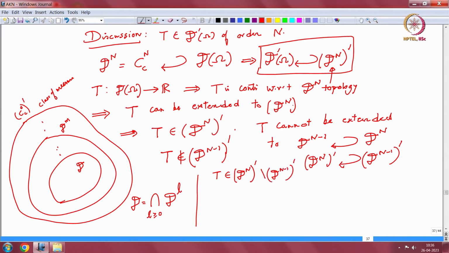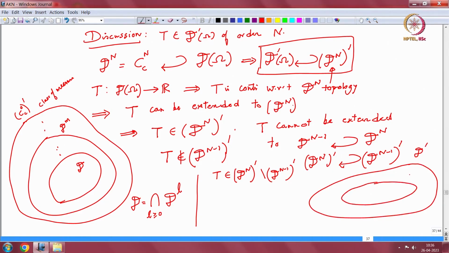If you reverse this picture, you will see you have your D prime, which is a very large set. Then you will have D^l prime, D^n prime, so it reverses.